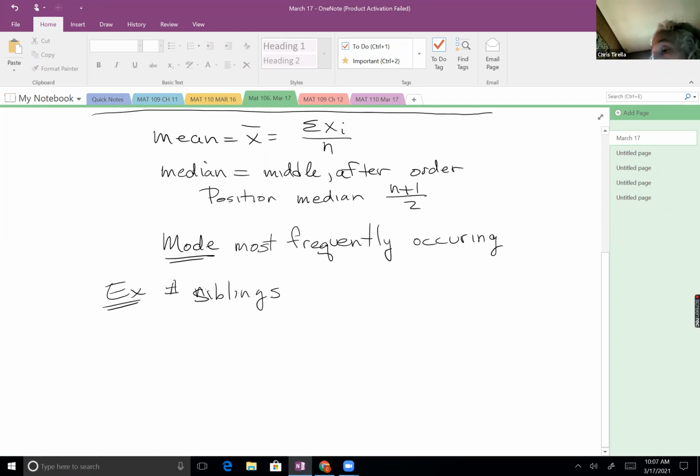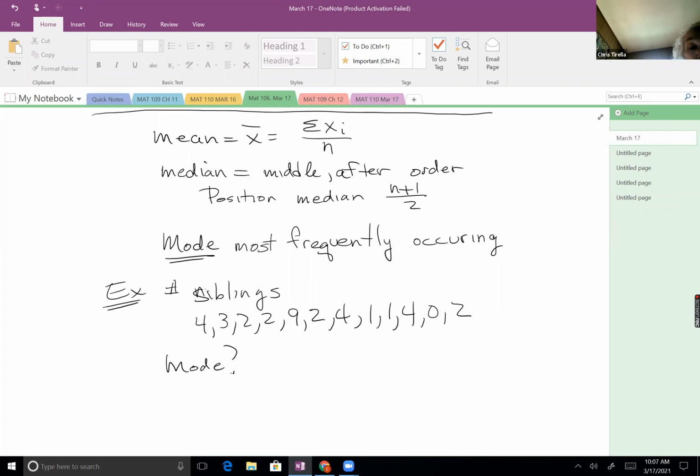We got data, I think: 4, 3, 2, 2, 9, 2, 4, 1, 1, 4, 0, 2. What would be the mode? Which number of siblings occurred most often? Two. There were 4 of them.